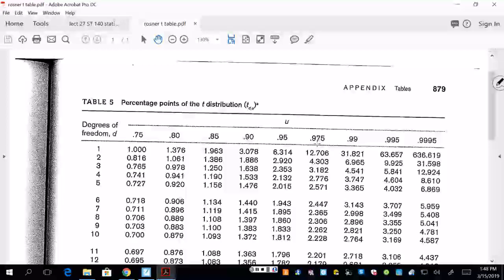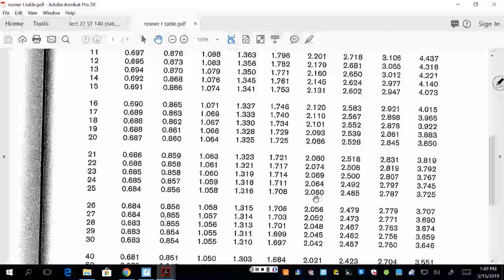I wrote 0.025. Different books will use either the upper 0.025, or 1 minus that is 0.975, but it would be this value here, 2.06. Right, that is the cutoff value.